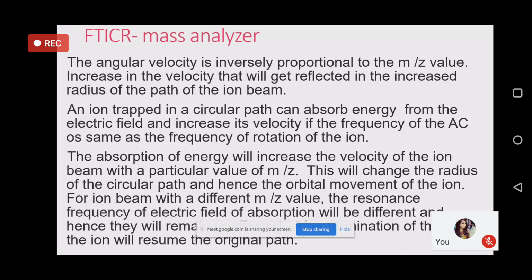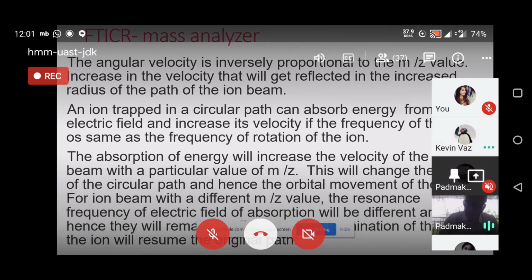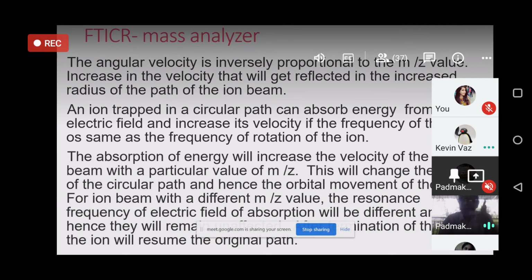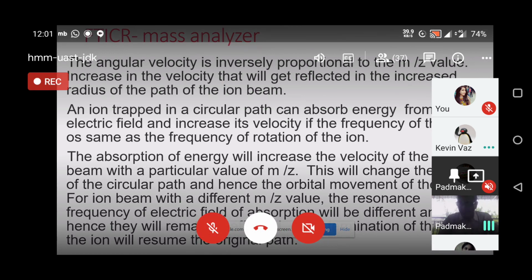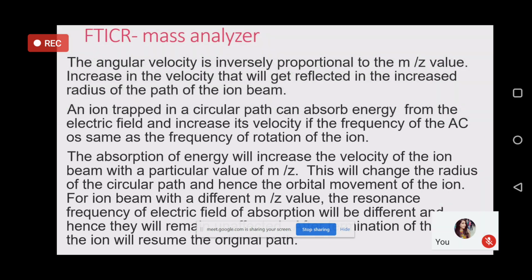If the two frequencies are equal, then energy will be absorbed. This will be possible with only one set of ions with one particular m by z value, because angular velocity depends on m by z, so the frequency of rotation depends on m by z.